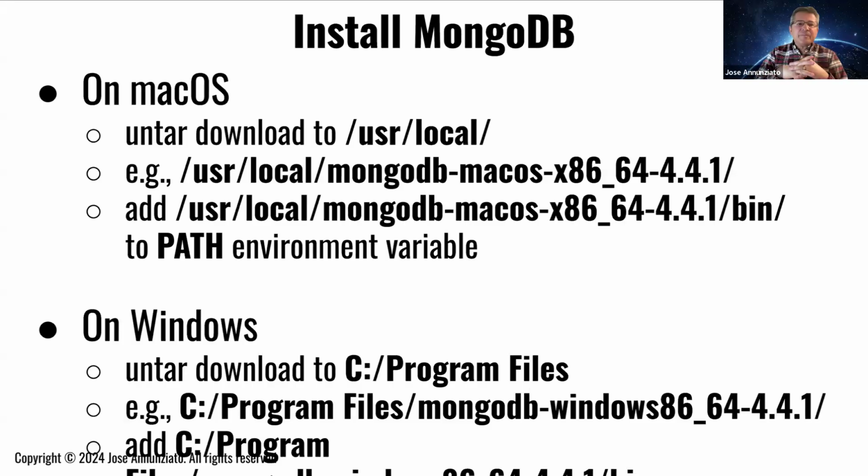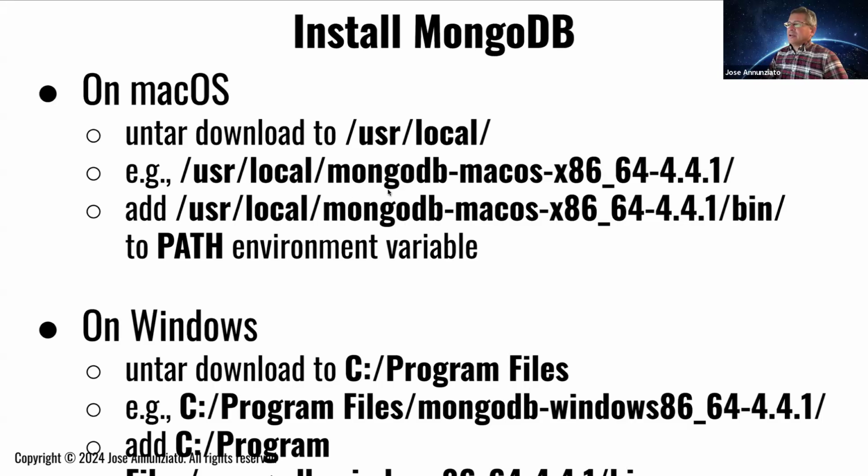Optionally, when you install it, you'll get a bin directory where you have executables in there, and for convenience, typically you might want to add the bin directory to your path, so that you can type in the executables right from the command line.